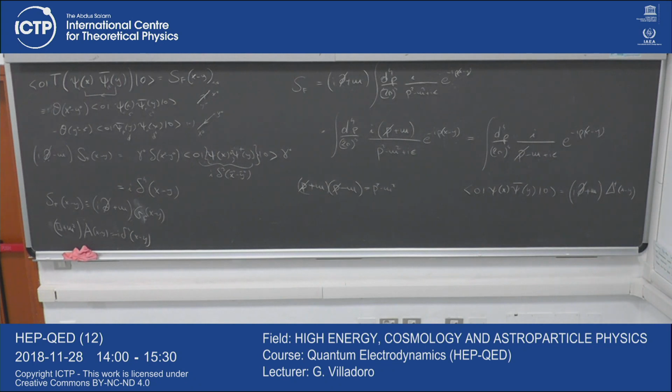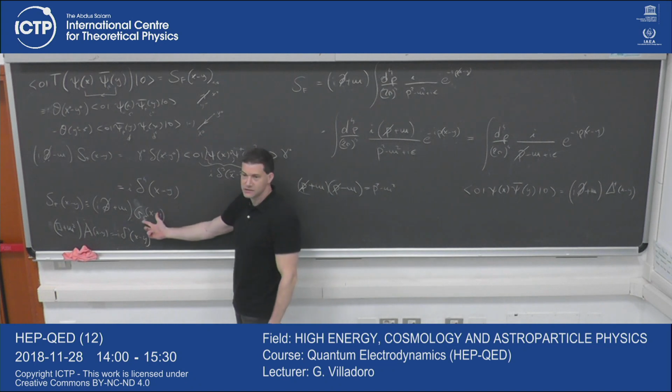And then we said that, for example, when the mass goes to 0, the Bessel function goes as 1 over the distance squared. Is it the same thing in this case? Well, it's the derivative of that. It's i the slash, and this function is exactly the same as before.